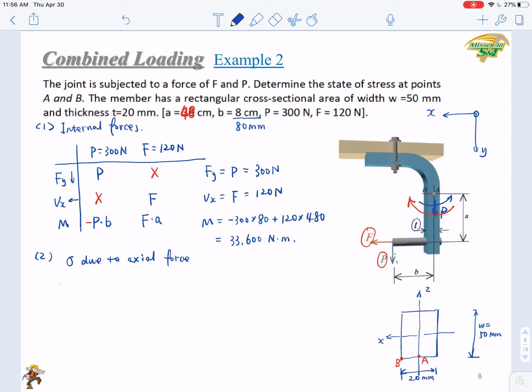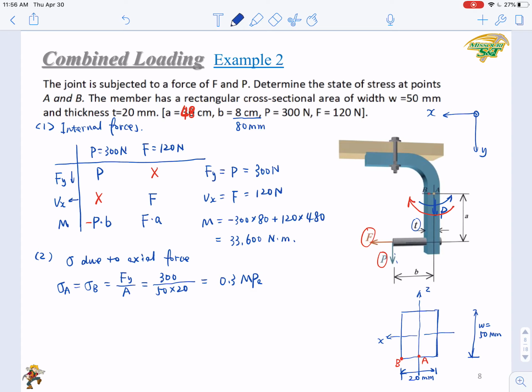So that means sigma A equals sigma B. The normal stresses at point A and B have the same value, that is Fy over A. The Fy, the 300, the A is just 50 times 20.